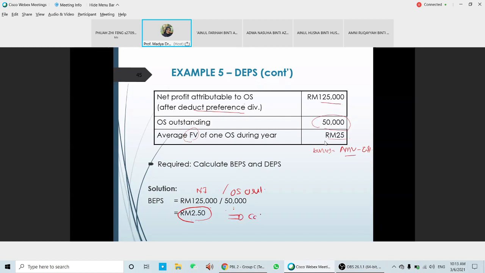This will be a control number, where you compare whether it is dilutive or anti-dilutive. If the figure is lower than the basic, you consider it dilutive, and it is anti-dilutive when the figure is higher than basic. So the control number here is 250.